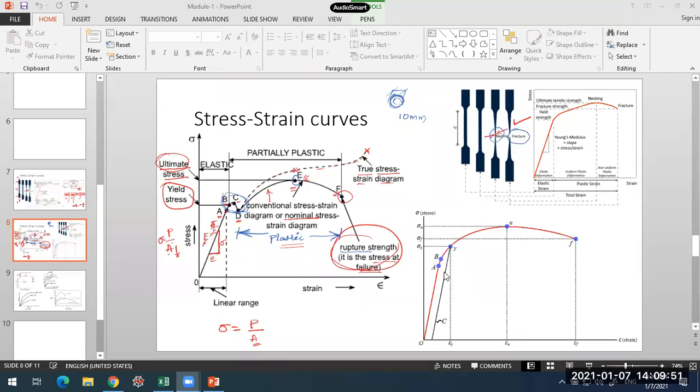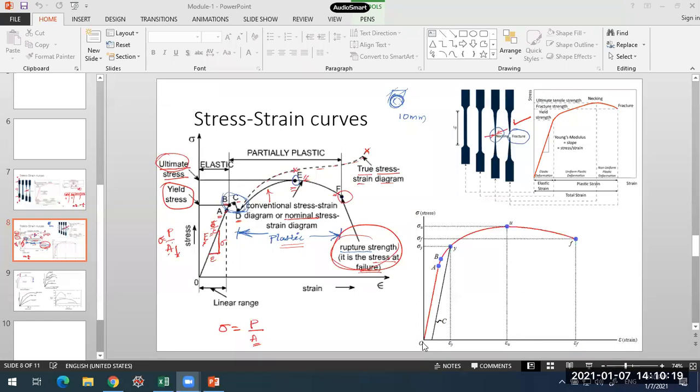So this is a curve we have for a high carbon steel. Okay, in that case, if I want to know the yield point or the yield stress, normally we go for finding the proof stress. Proof stress is the stress corresponding to a certain amount of strain. Normally for structural steel we take it as the 0.2% proof stress, that is the stress corresponding to a strain of 0.002.